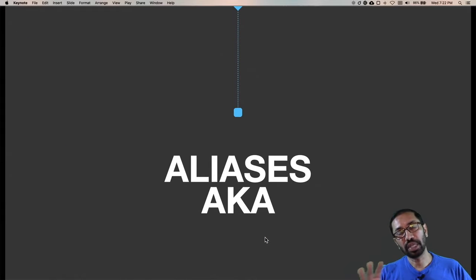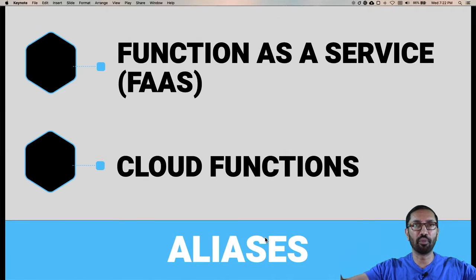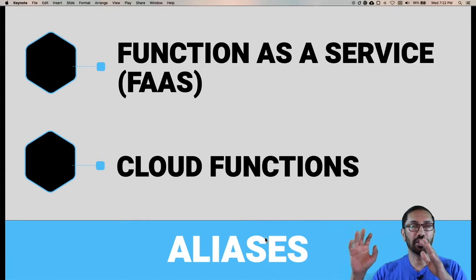Okay, so there are a couple of different things that we can say when we're discussing serverless technology, or some aliases. So serverless itself is an overall umbrella of different technologies that include the cost model, the deployment and management, and other things like that. But what we're going to be specifically focusing on in this session is the cloud functions aspect of it.